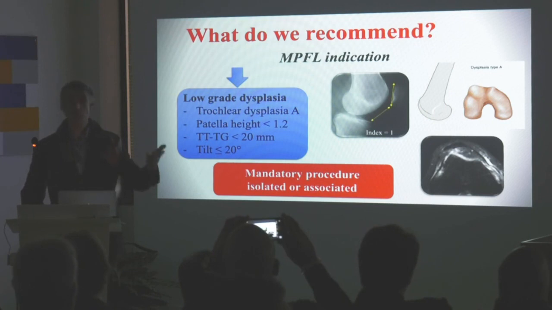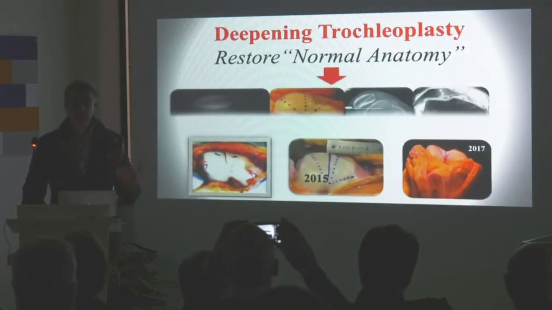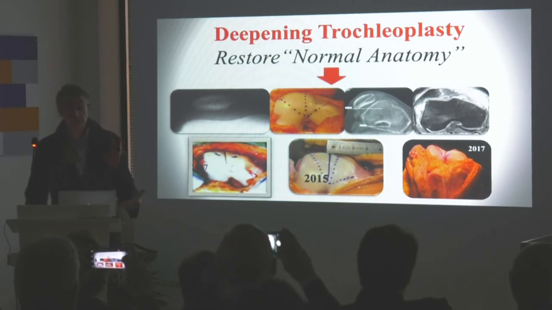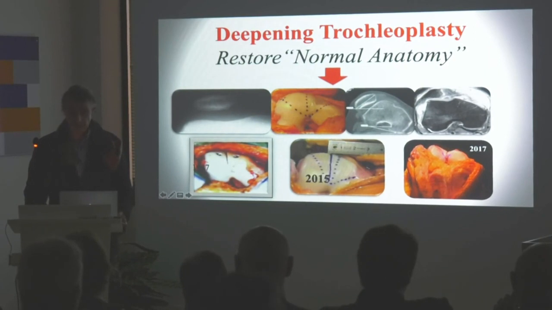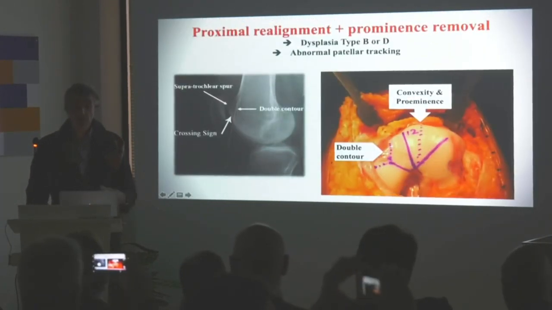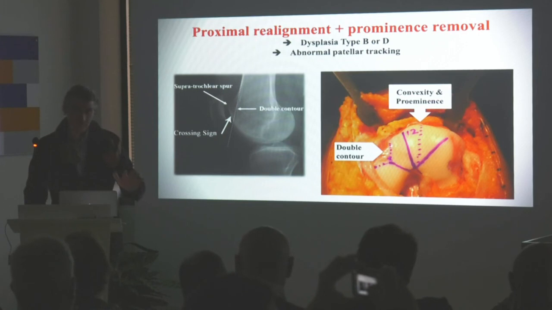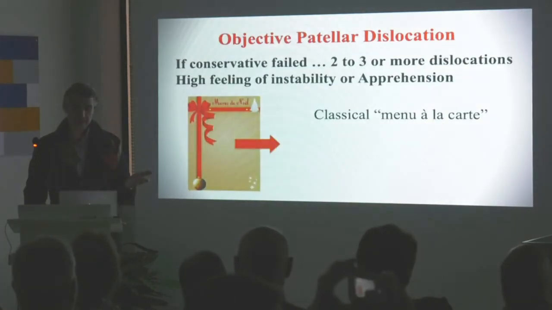Medialization, distalization, trochleoplasty. And deepening trochleoplasty, you have to restore the anatomy, and you understand that when you have such trochlear dysplasia, you have to do something, and you will try to do a proximal realignment to move the trochlea a little bit more lateral and to remove that bump. This is the goal of trochleoplasty.